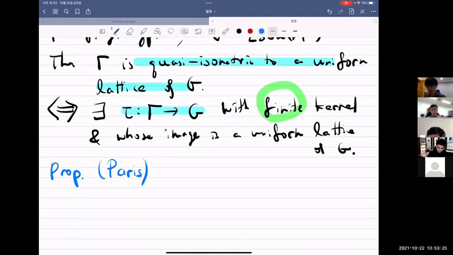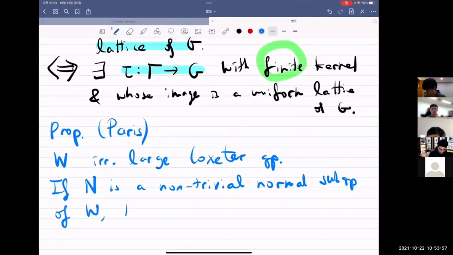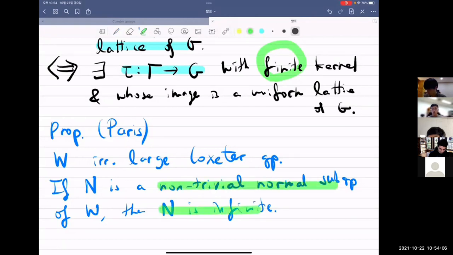So when W is an irreducible large Coxeter group, if N is a non-trivial normal subgroup of W, then N should be infinite. Okay, so if N is a non-trivial normal subgroup, then N should be infinite.